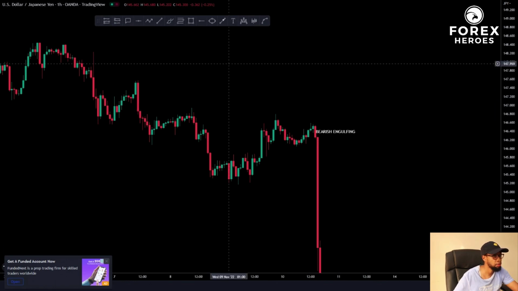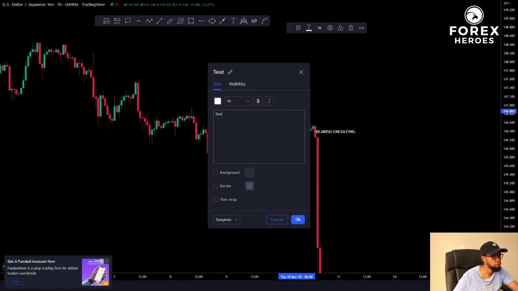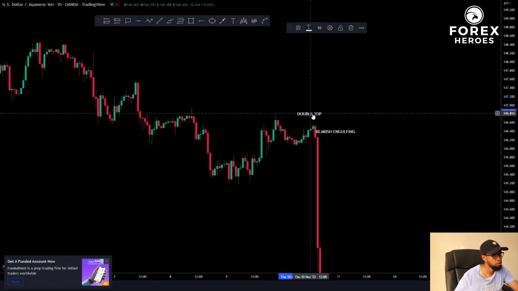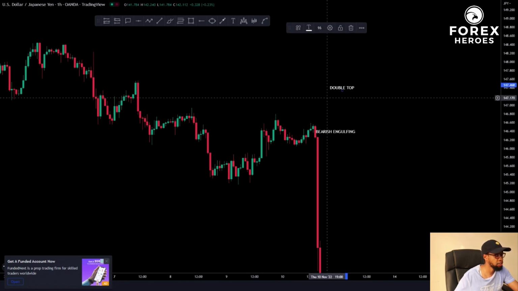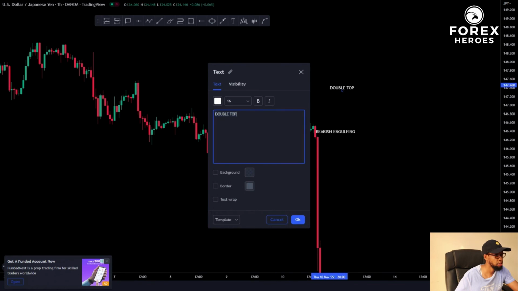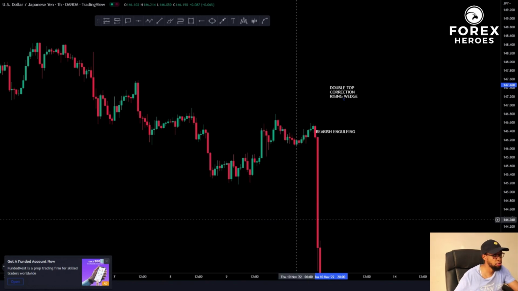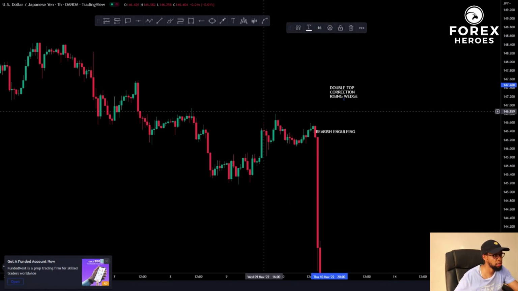Remember, a double top, and what do I see? It's a correction. I see correction in the form of a rising wedge.